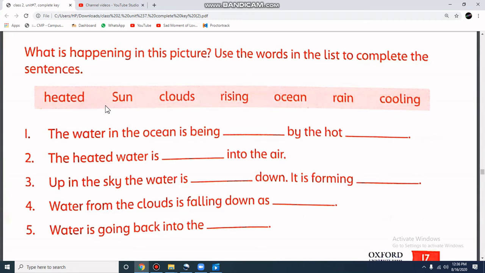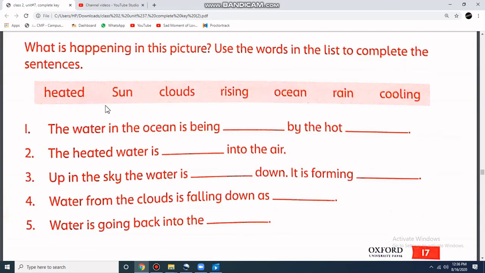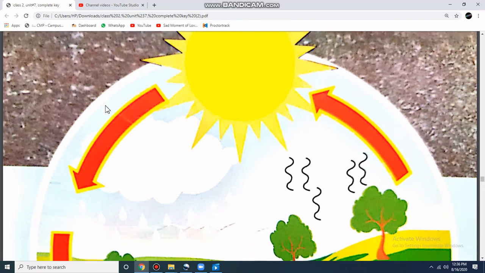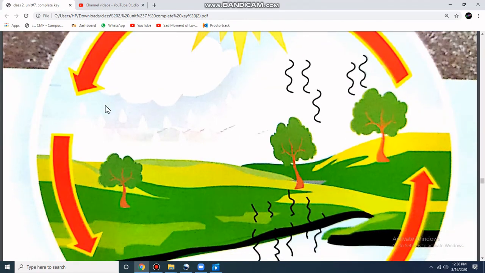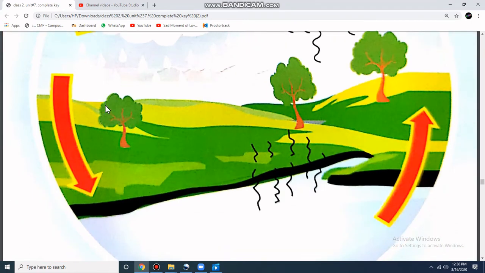Up in the sky, the water is cooling down. It is forming rain. Water from the cloud is falling down as rain. Water is going back into the oceans, right? So it's a diagram of the water cycle, which is very important.